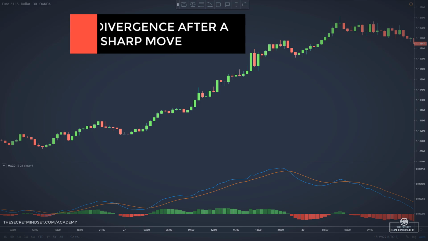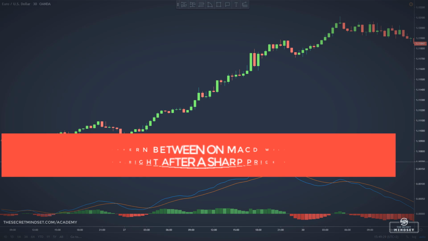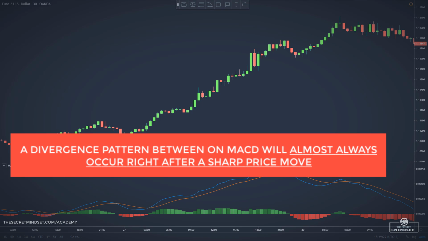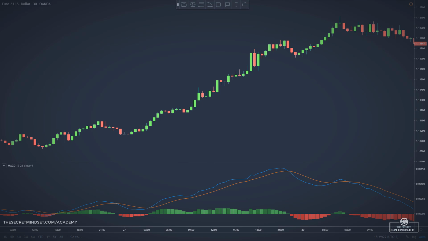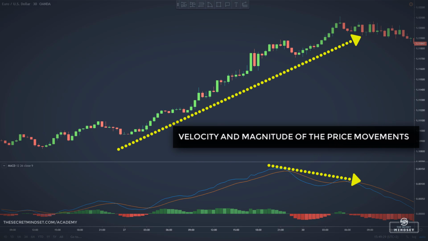Monitoring the MACD indicator in relation to the price action reveals a few problems which could affect traders who rely on the MACD divergence tool. A divergence pattern between the two MACD lines will almost always occur after a sharp price move, whether higher or lower. Determining whether the price move is sharp, slow, large or small requires looking at the velocity and magnitude of the price movements around it.